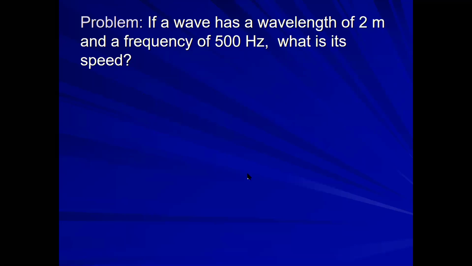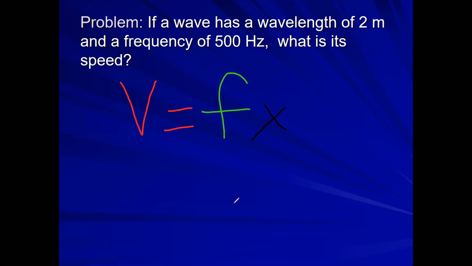Speed, which is V, is equal to frequency, which is F, times wavelength, which is lambda. So this one's pretty easy, hopefully. We're looking for speed, so we're just going to multiply.